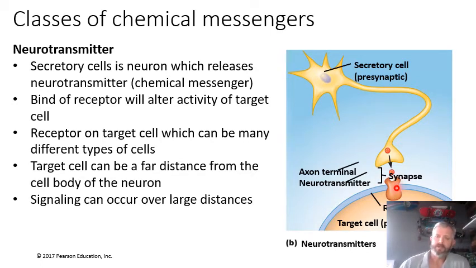So again, we have one cell releasing a chemical messenger, and the other cell has to have the receptor to respond to that chemical messenger. In this case, neurotransmitter communication can take place over long distances, but the chemical messenger is being released by the neuron.